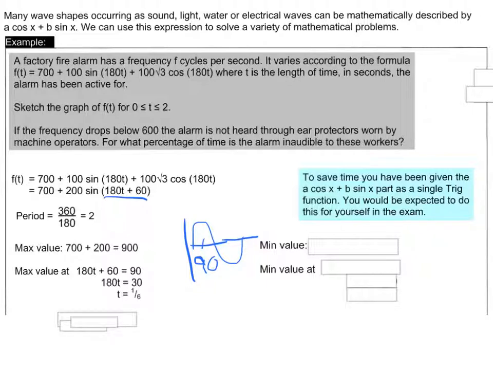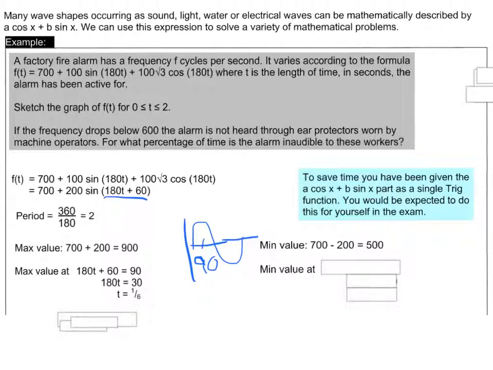Right, same again for the minimum value. The minimum value 200 sine any angle can have is minus 200. So our minimum value, the smallest value this function here can have, is going to be 700 minus 200. So that gives me 500.